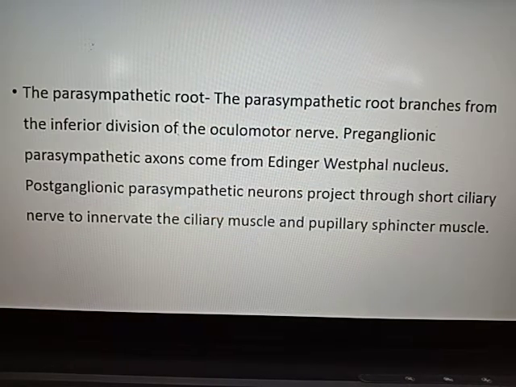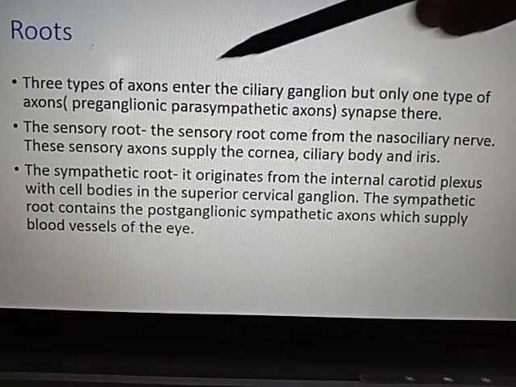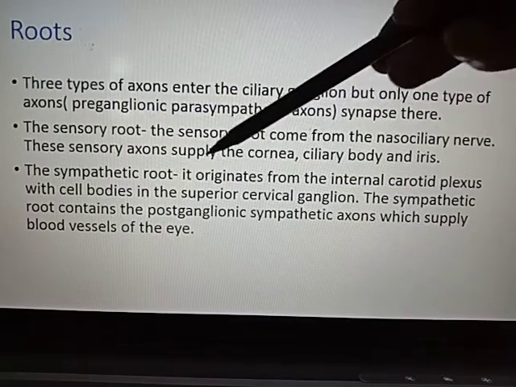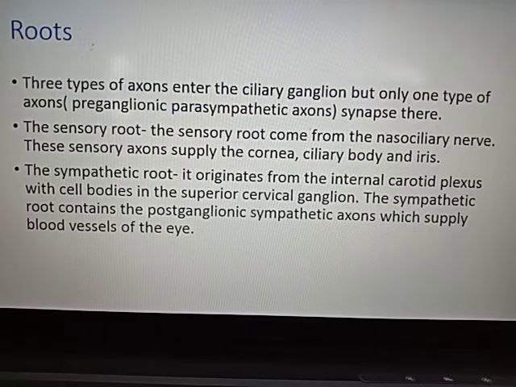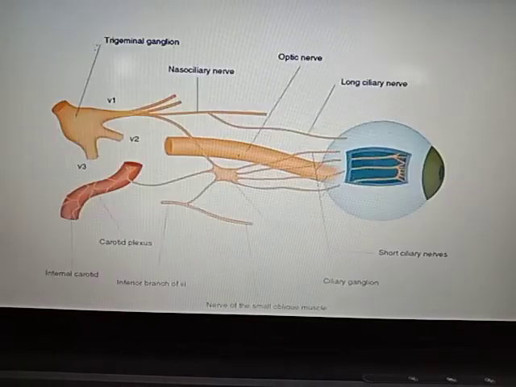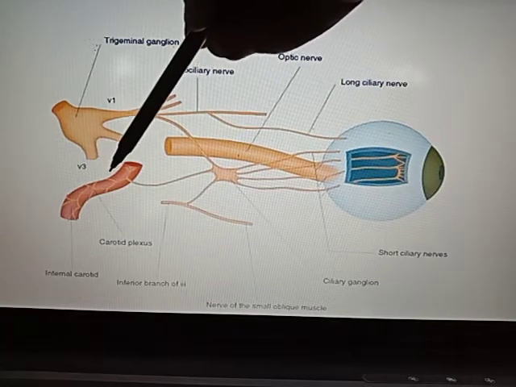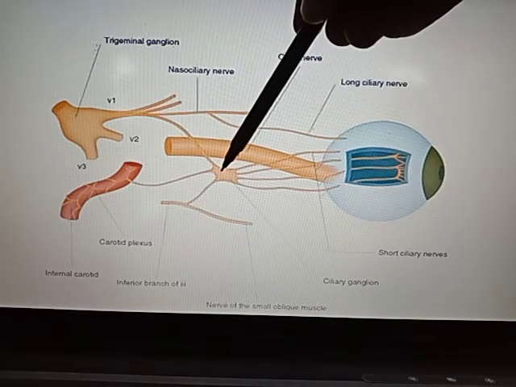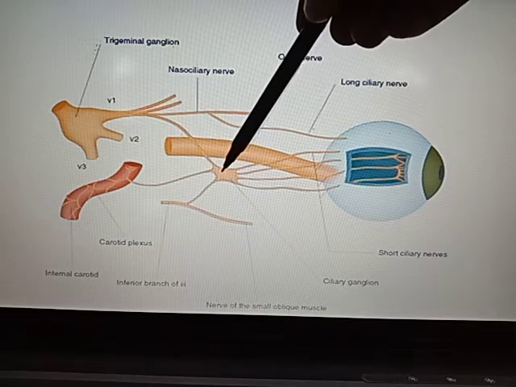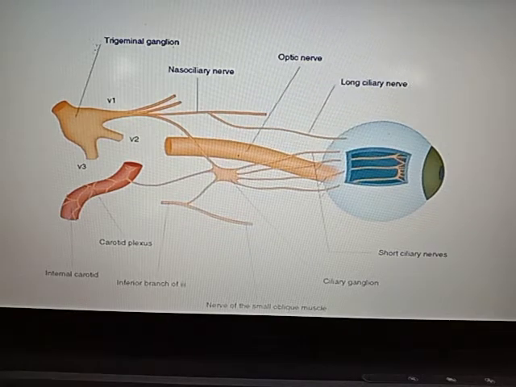The sensory root comes from the nasociliary nerve, and the sympathetic root comes from the carotid plexus. The sympathetic root goes to the ciliary ganglion, and then goes to the eye.